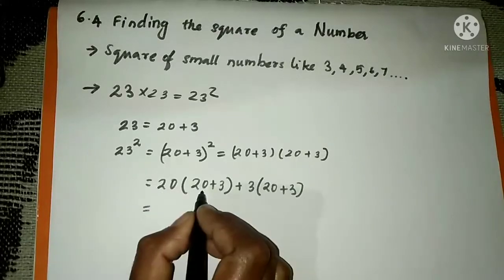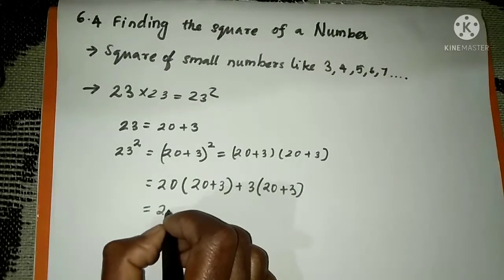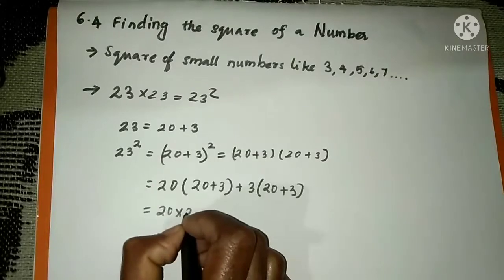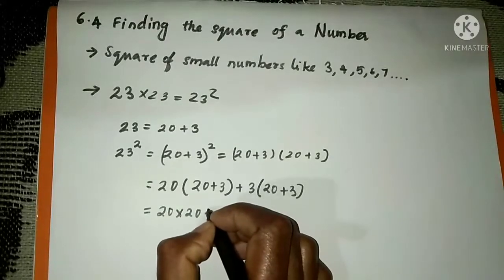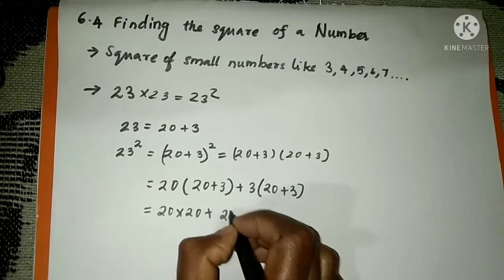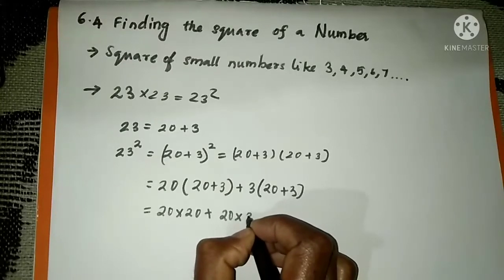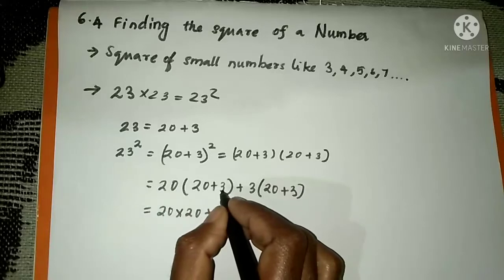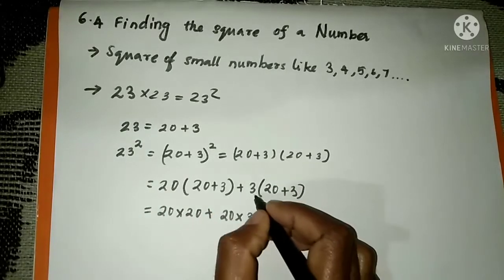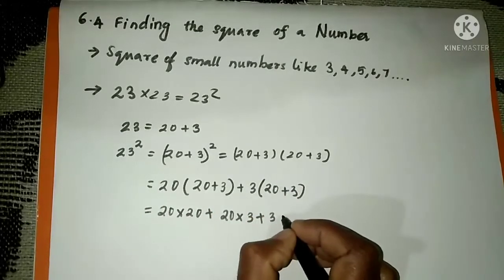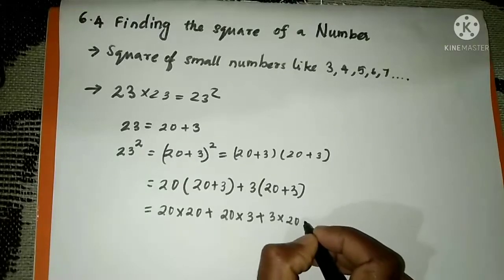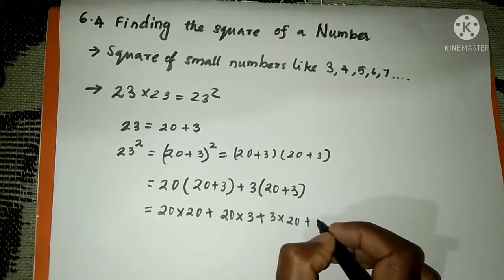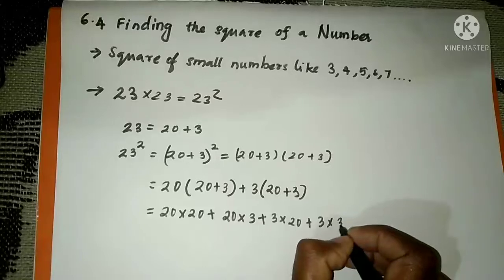When we multiply 20 inside this bracket, we get 20 times 20 plus 20 times 3, plus again 3 times 20 plus 3 times 3.